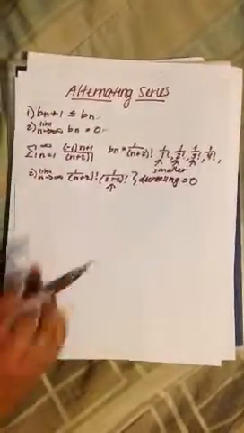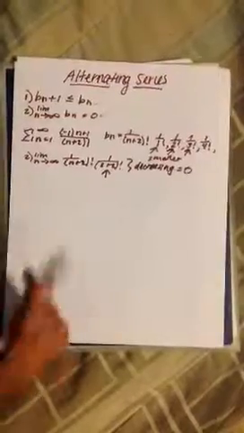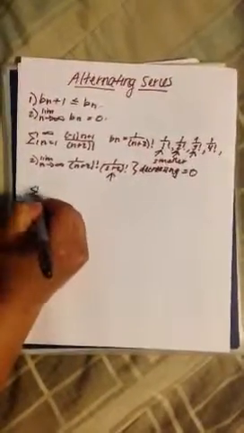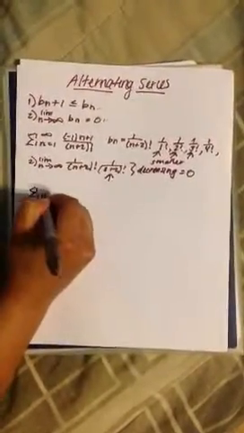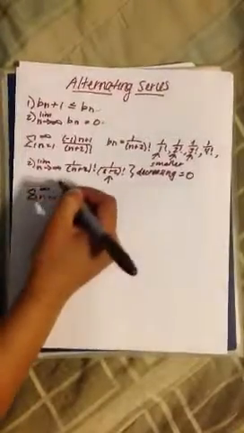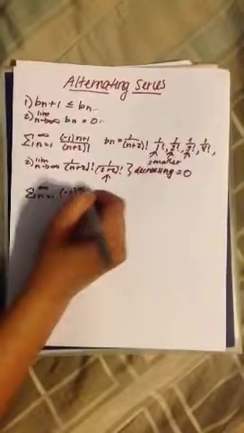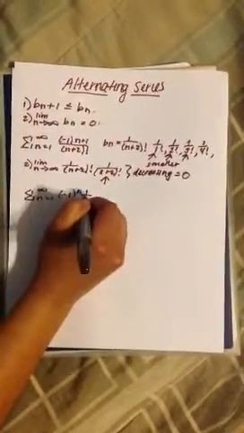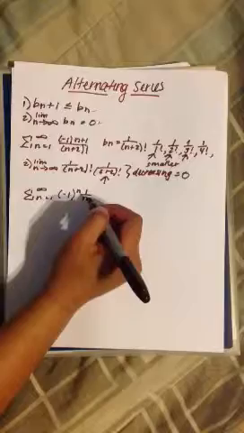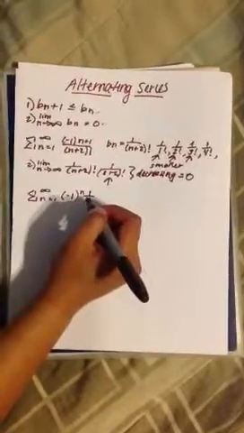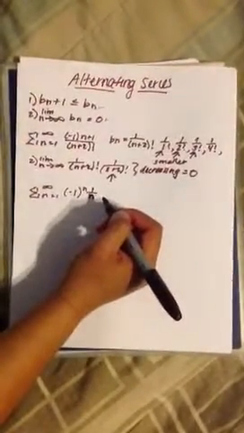Now, we could use another example of, let's say, n equals 1 to infinity of negative 1 to the n times 1 over n. So now, basically, we're going to do a comparison test.